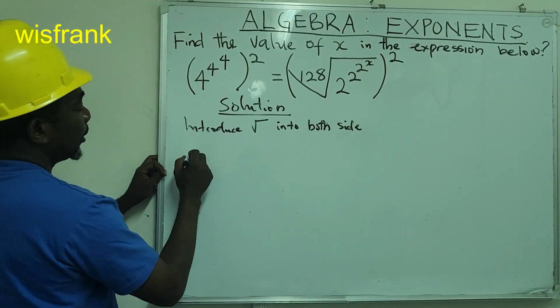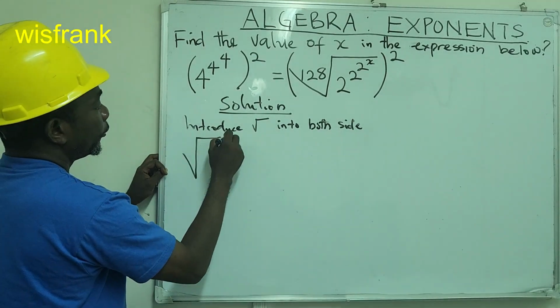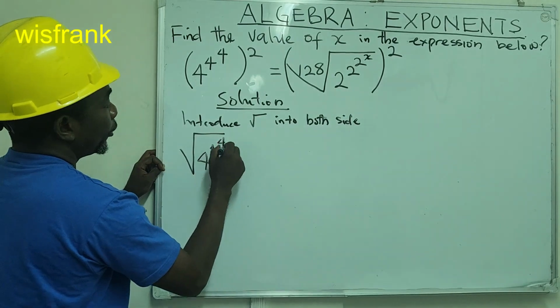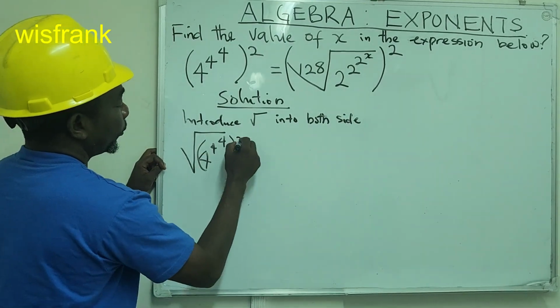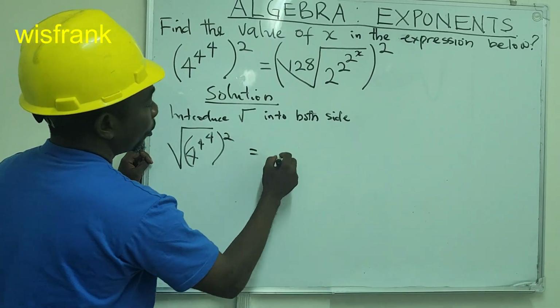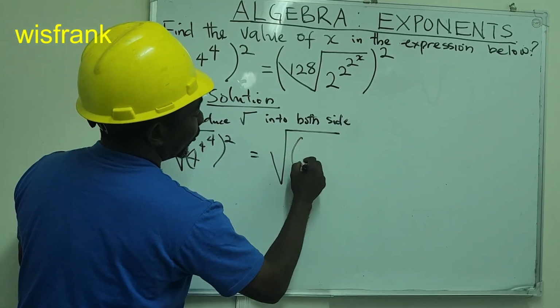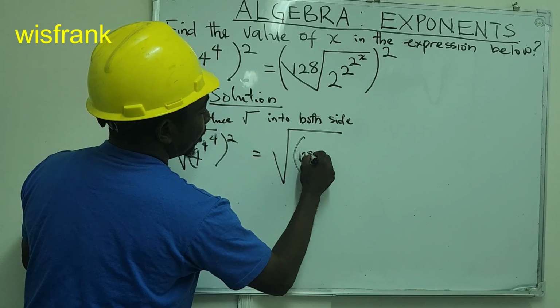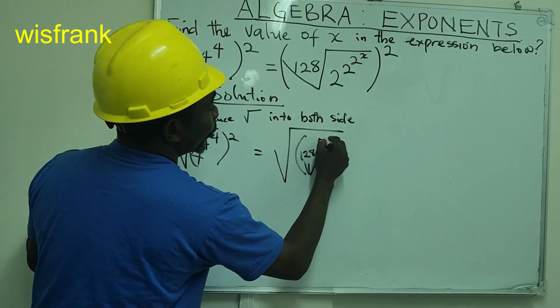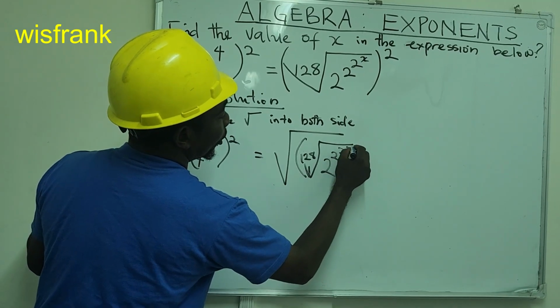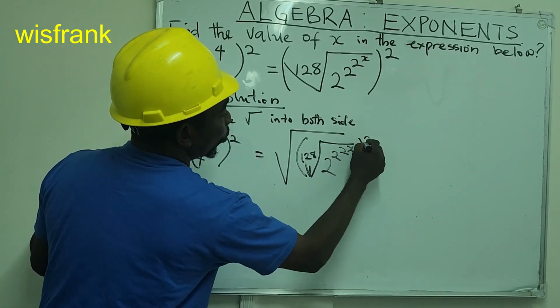So we have here the square root of 4 to the power of 4 to the power of 4 all squared, equals the square root of 128 root 2 to the power of 2 to the power of 2 to the power of x all squared.